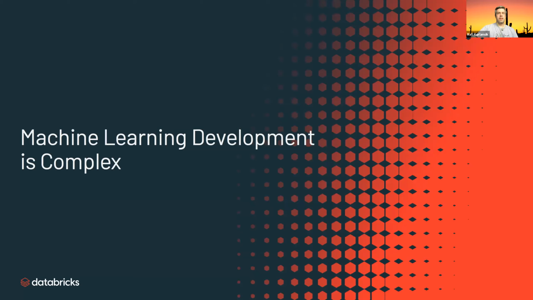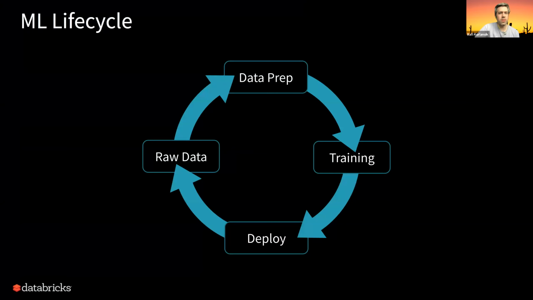To set the stage for the motivation for MLFlow, or the impetus for why the project was created, the bottom line is that machine learning engineering or development is a complex process. We've probably all seen slides like this before. If you're a practitioner, you start with raw data, then you have your cleaning scripts, you train your models, and then you have some way of deploying it.